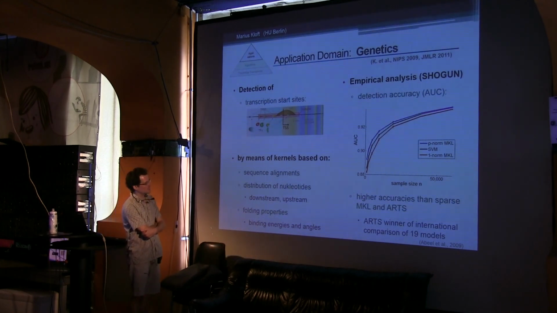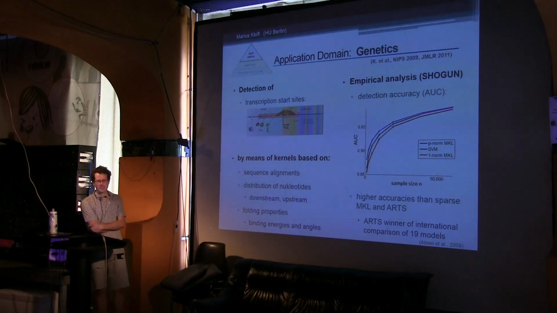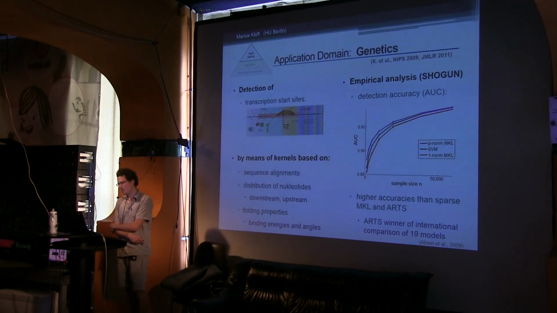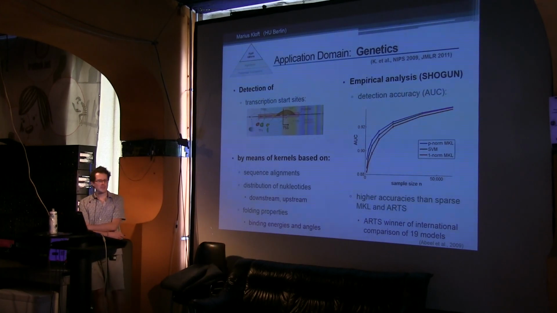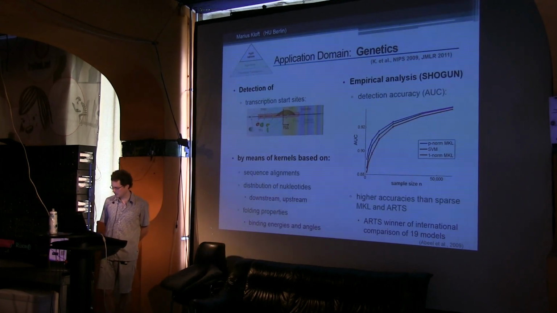The bottom line is that we were able to perform this experiment despite the computational challenge, and we found that using the new method is actually slightly better than using the old methods. I think this is very nice because the old method is already the winner of a comparison of 19 models. So to be a little bit better than that is not too easy.